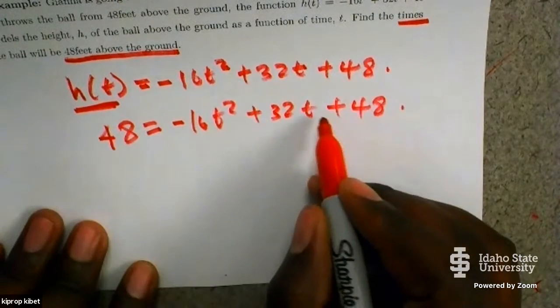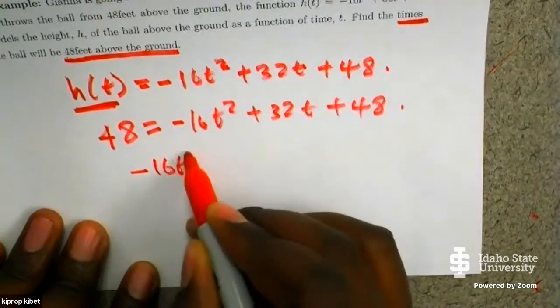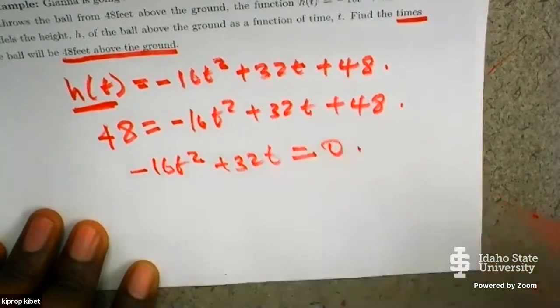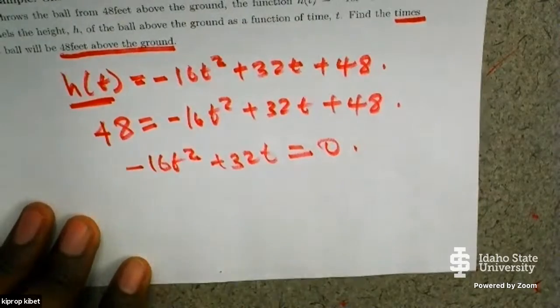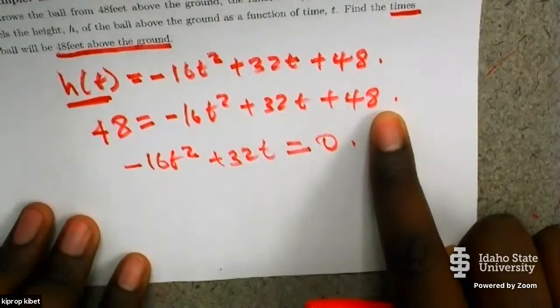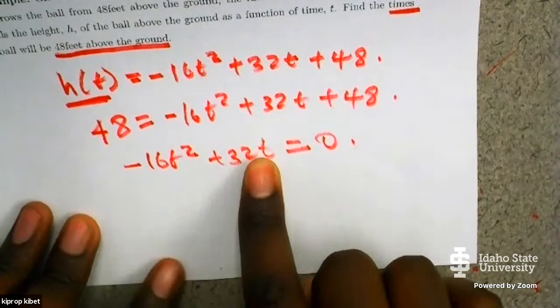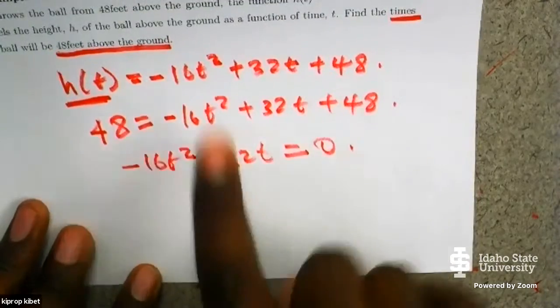Now, you solve this. So what do you get? You get minus 16t squared plus 32t equals 0, right? Because it will be 48 minus 48 here, so it will be 0. So what you remain with is this. Now, this is similar to the first question.